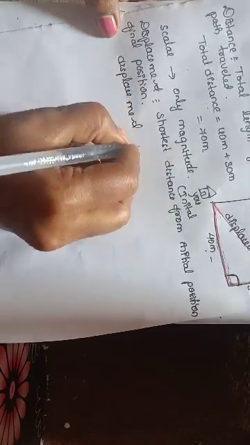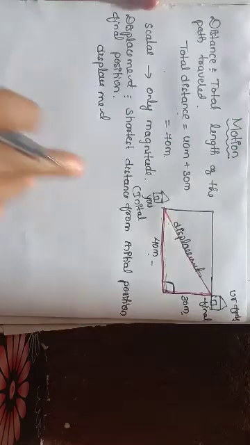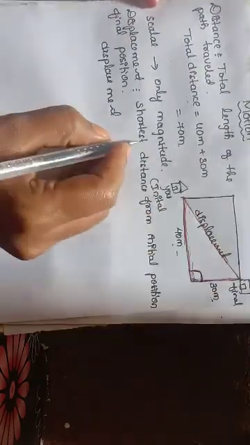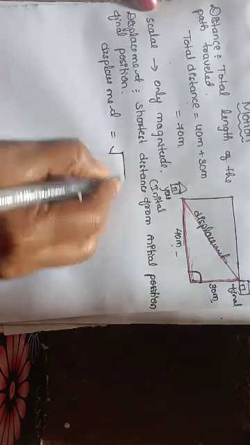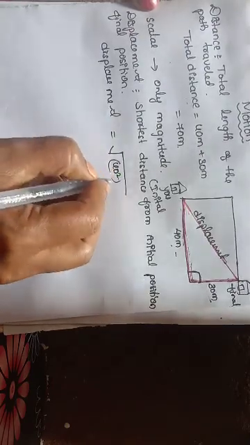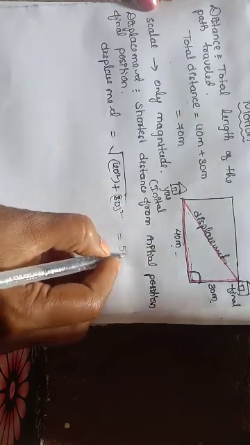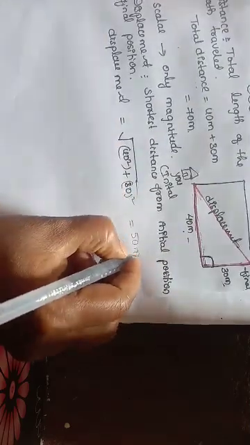What is the Pythagoras theorem? Hypotenuse square is equal to side square plus side square. So displacement is equal to the square root of 40 square plus 30 square. Here you will get 50 meters.